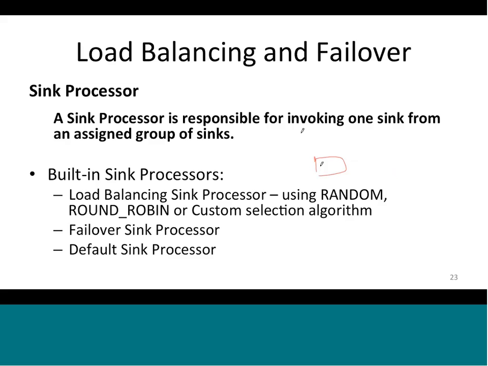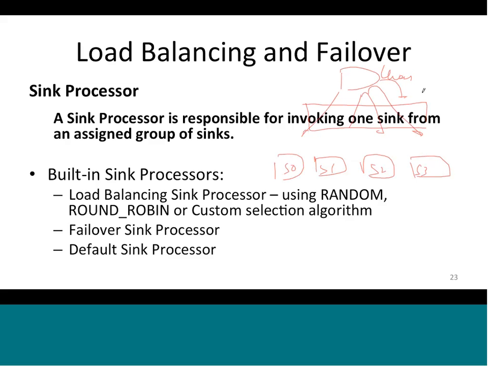If I have sinks S0, S1, S2, S3, and a channel is writing to these, I introduce a sink processor where the channel writes to the sink processor, and the sink processor can select one of these sinks or all of them, using any of those policies to select a particular sink to forward the transaction into.